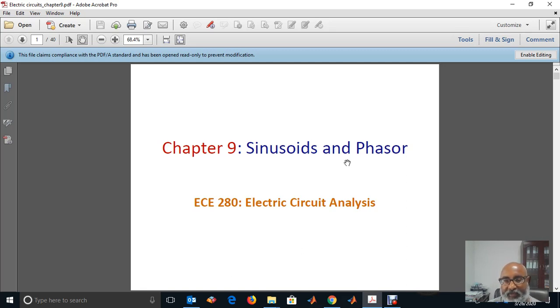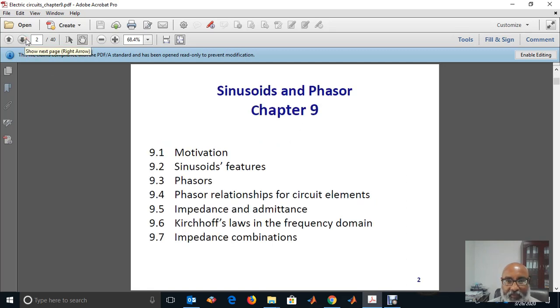In more detail, you will study it in other courses, but in ECEN280, we just give a brief introduction to AC circuits. For example, in this chapter, we will study sinusoids, phasor relationships for circuit elements, impedance, admittance, Kirchhoff's laws in the frequency domain, and how we combine impedances.